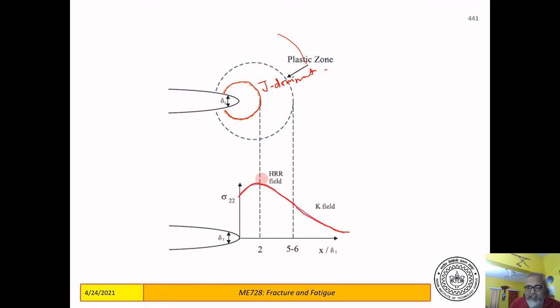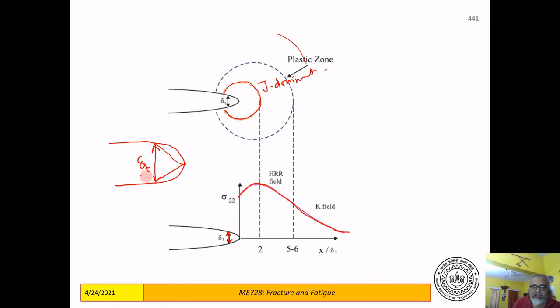So the sizes of these regions are roughly this. You can take delta t, the crack opening displacement, like we have calculated previously; you draw two 45-degree lines emanating from the crack tip, and this is your delta t.